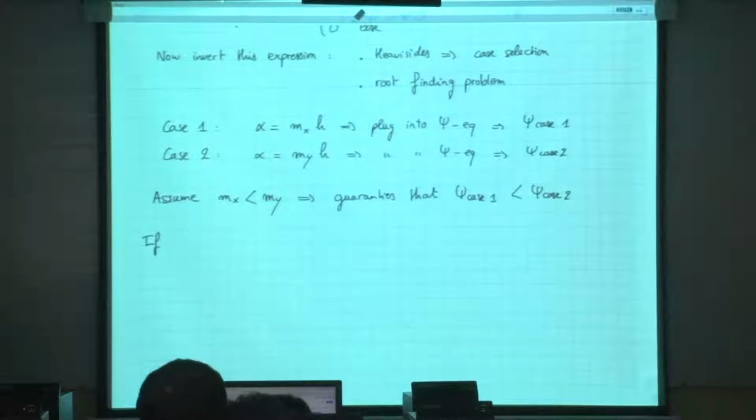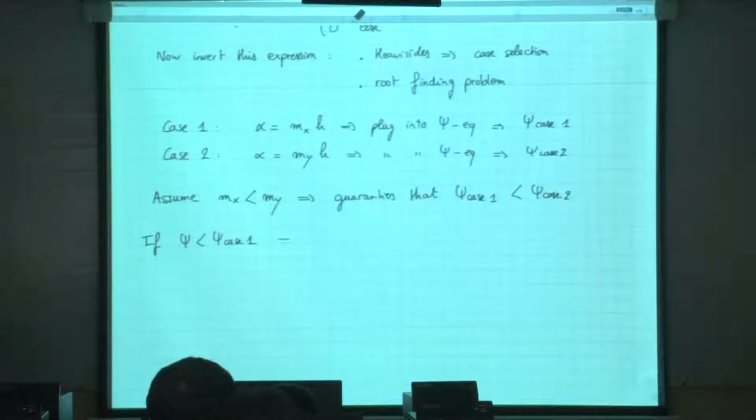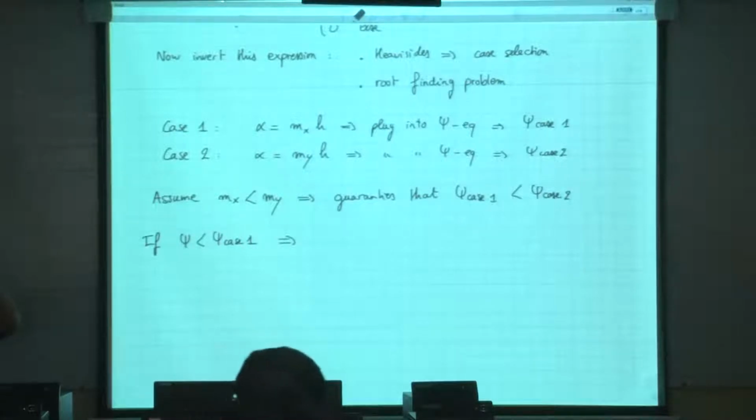If my current psi, the one I've obtained from my solution, is less than psi coming from my case 1 test, then necessarily my liquid triangle does not overreach on the right face or the top face.